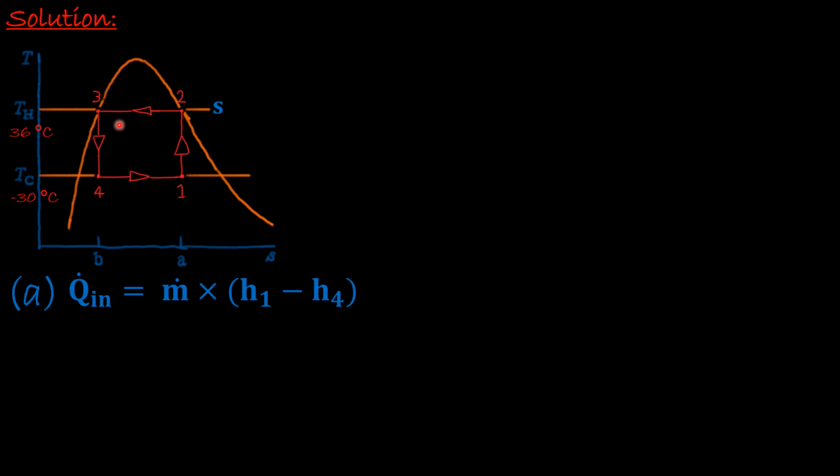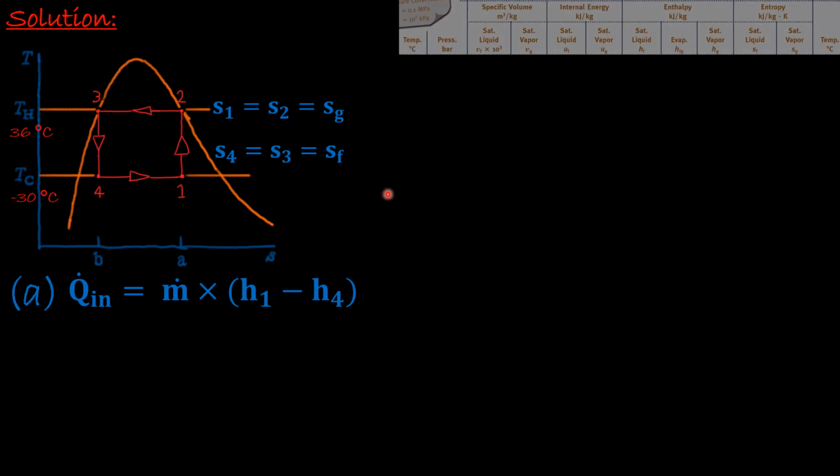So in here, we see that the entropy at state 1 is the same as the entropy at state 2, and the entropy at state 2 is on the saturation gas line or vapor line. And the same thing, the entropy at state 4 is the same as the entropy at state 3, on the saturated liquid line, operating at 36 degrees Celsius, and from the table we can get the value.